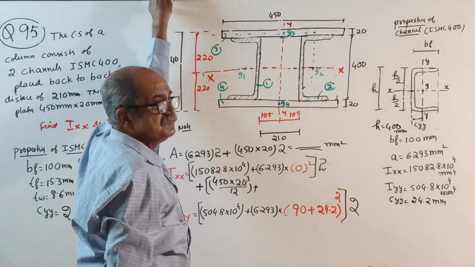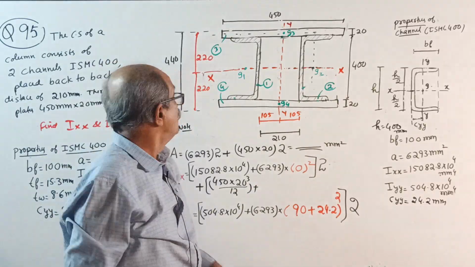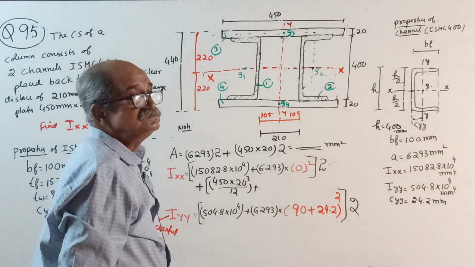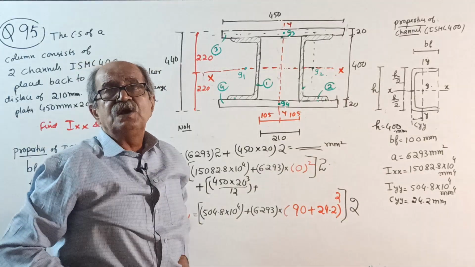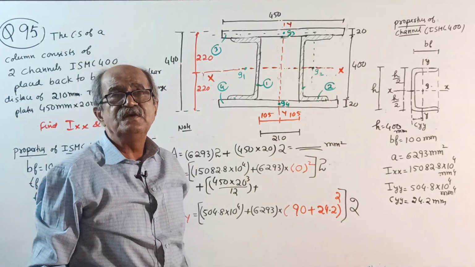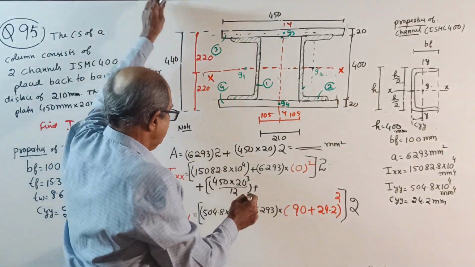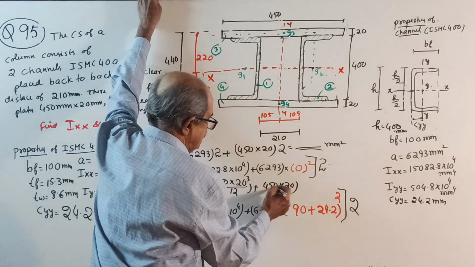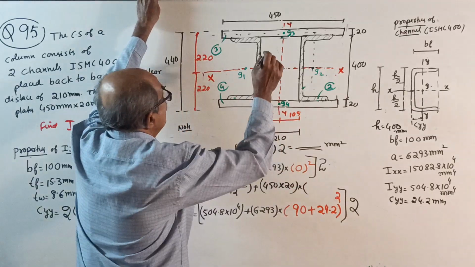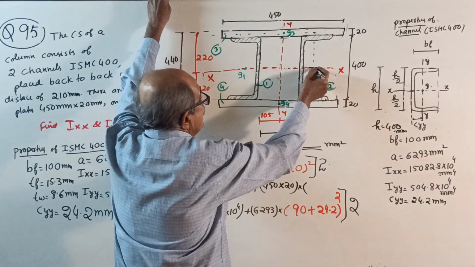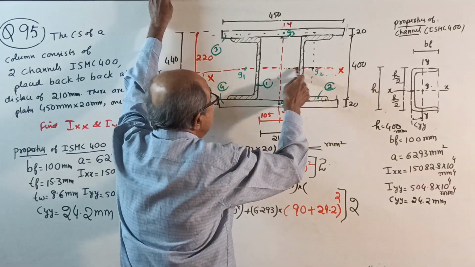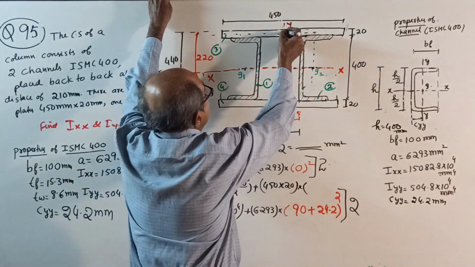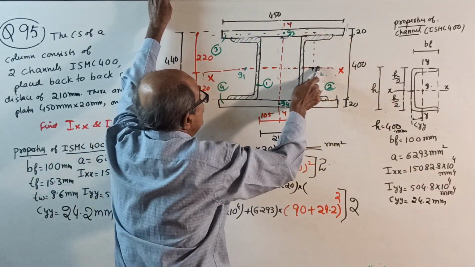Nobody should ask me, sir, what is its own axis? Question number 95. If somebody asks, sir, what is I about its own axis, then don't study from me. Plus area, 450 into 20 is the area, into your centroid of the channel lies in XX, so 0 square, but this centroid is outside XX.